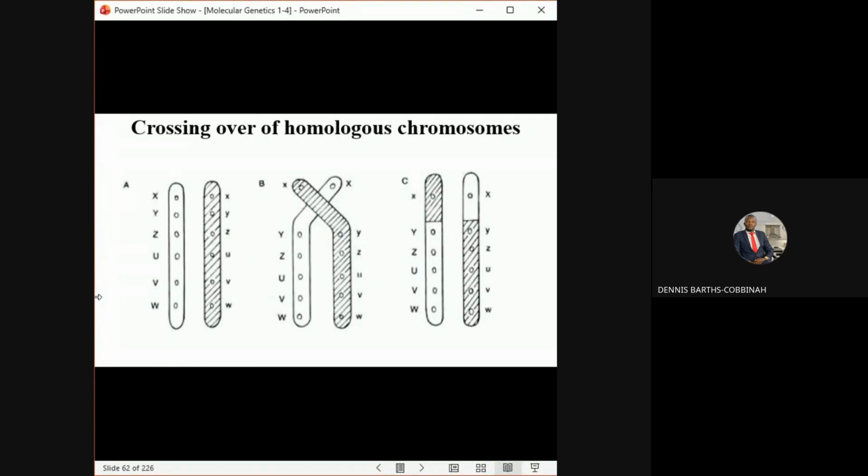And at the end of the day, at C, you clearly see segments of the striped chromosome exchanged with that of the unstriped one. So you have the end of the segment of the striped one breaking and rejoining the unstriped one, and then the unstriped one breaking and rejoining the striped one. So you have the striped one joining the unstriped, and a portion of the unstriped joining the striped as well.